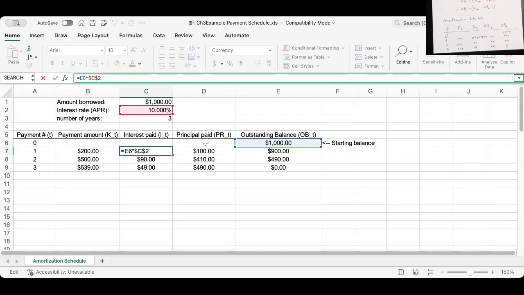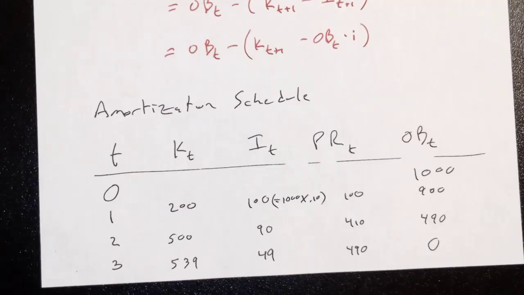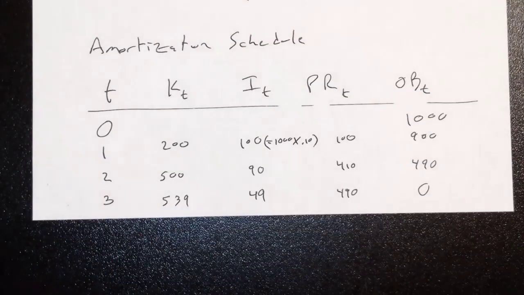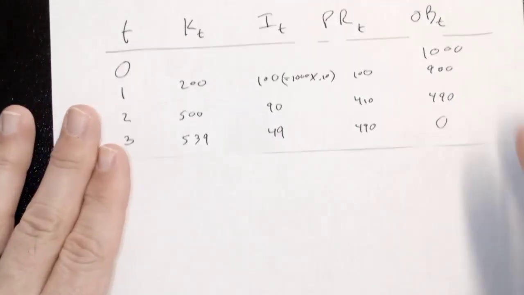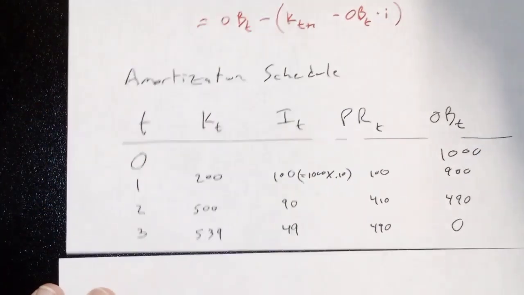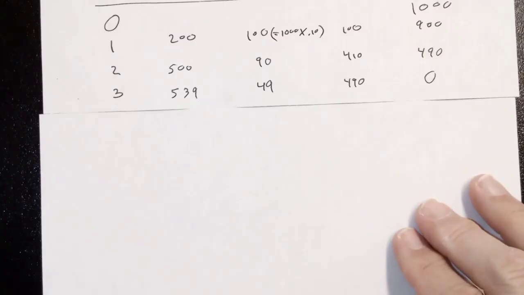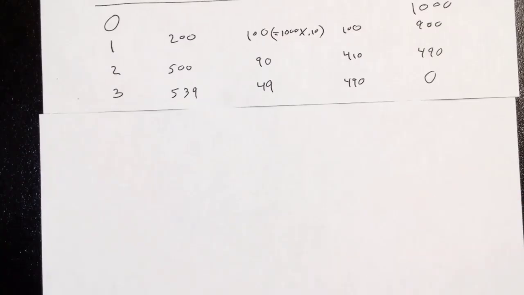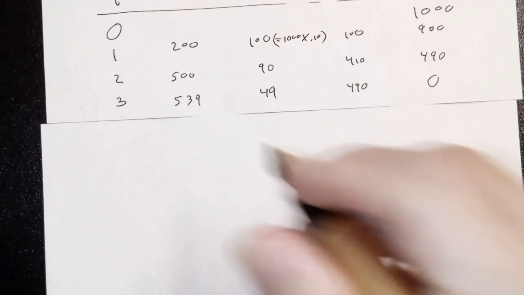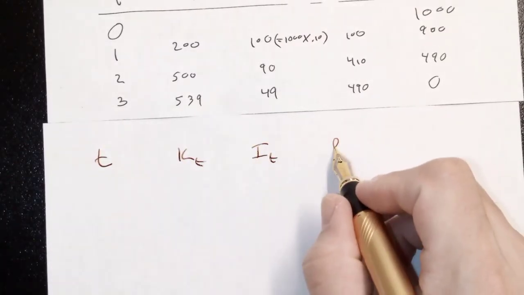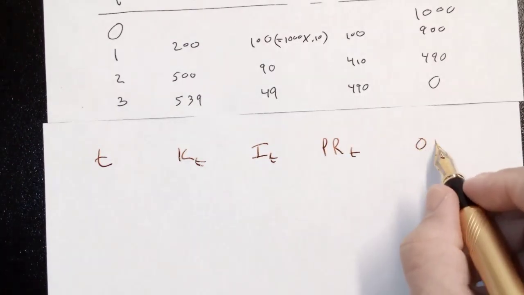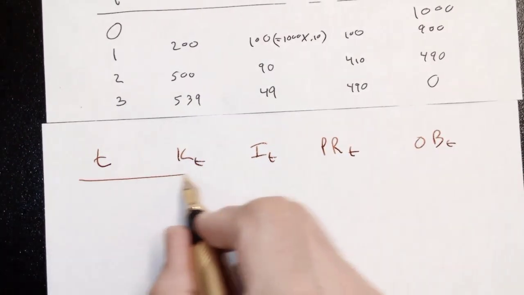Now, because I'd worked it out in advance, I knew what this last payment was. I can work this through. I can generalize this. Let's think about what happens in general. I'm going to have the same columns: T, KT, IT, PRT, OBT.